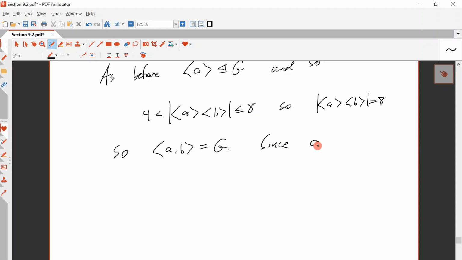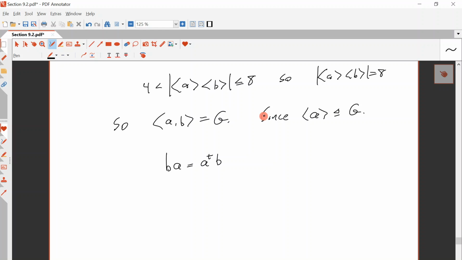Since A is index 2 normal in G, B times A is A to the T times B, for some T, where 0 is less than or equal to T, less than or equal to 3.